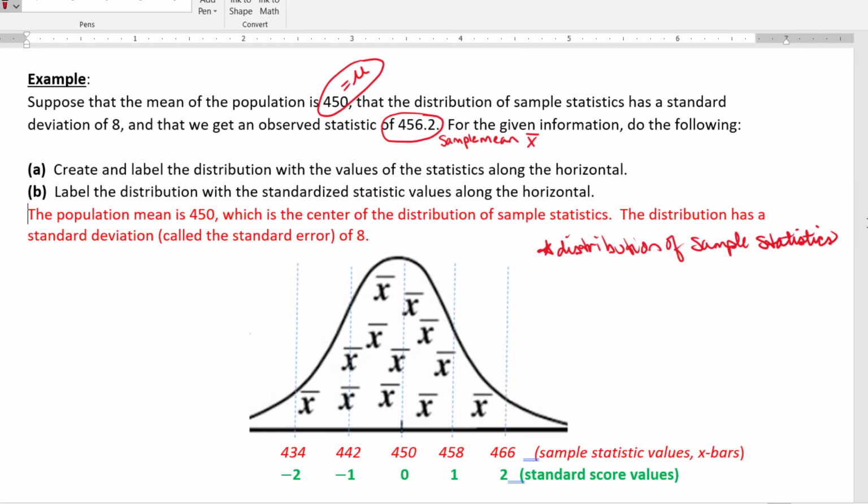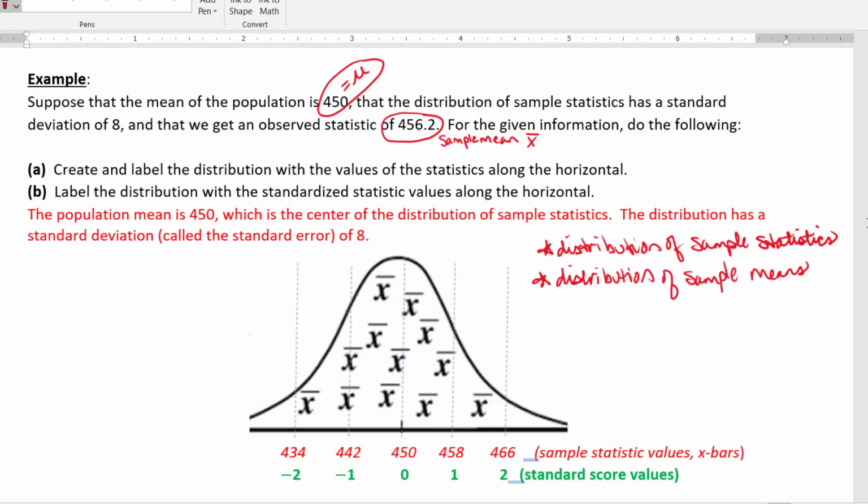And in this case, since we're talking about quantitative data where our sample statistics are actually sample means, another way we could describe it is a distribution of sample means. What this means is that there is a population that has a population mean of 450, and we went out and collected samples from that population, and these are the sample means from each of those individual samples that each have the same sample size.